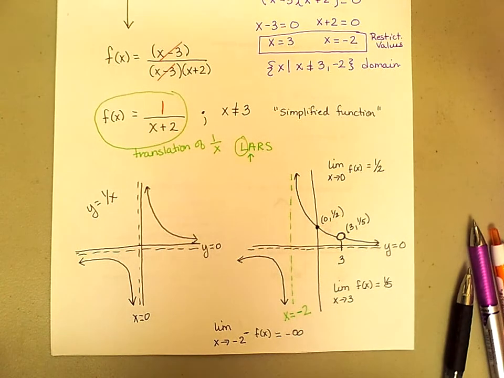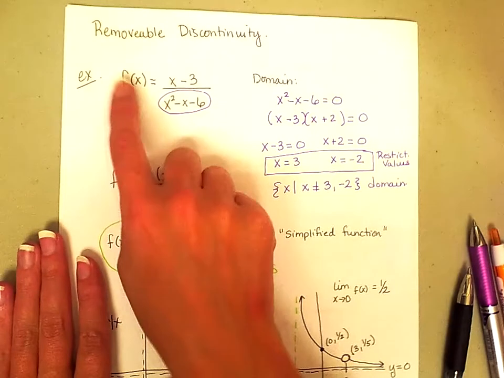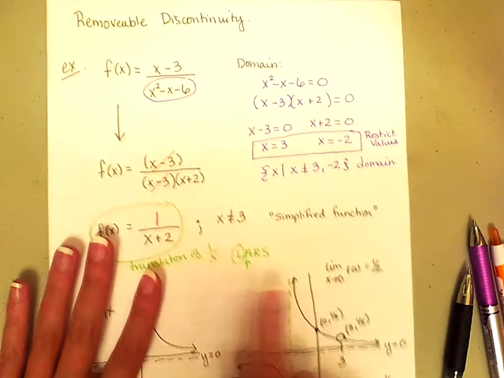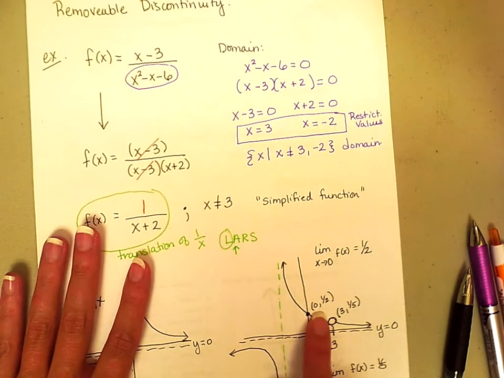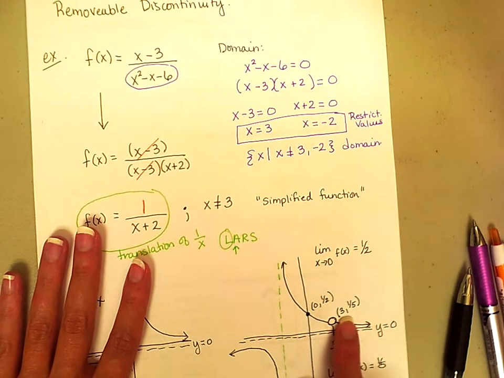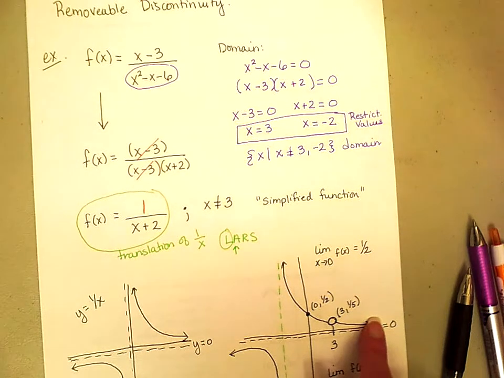And this is why this graph is said to have a removable discontinuity. Yes, if I were to trace it, I would have to stop and pick back up, but it would be a smooth line.